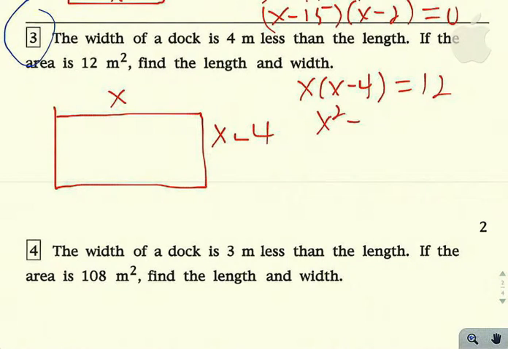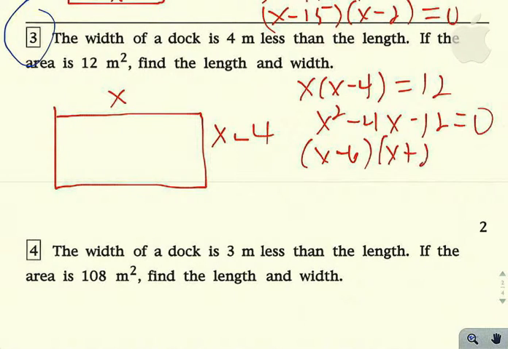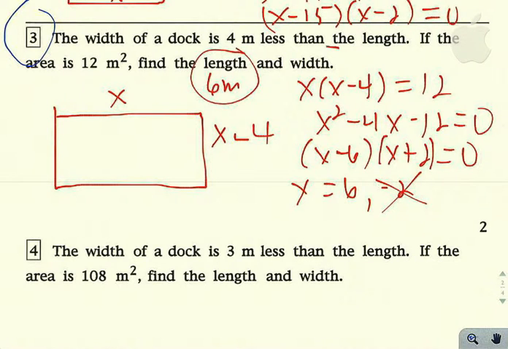So we'd have x squared minus 4x minus 12 equals 0. And that would factor x minus 6 times x plus 2. So x would be 6 or negative 2, but you can't have a negative length. So the length would be 6 meters, and the width is 4 less than that. That'd be 2 meters.